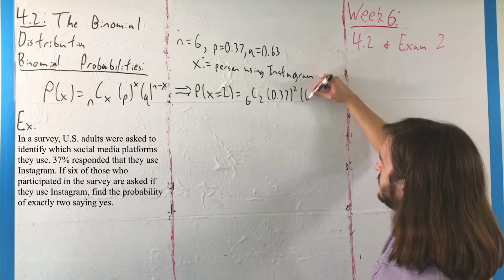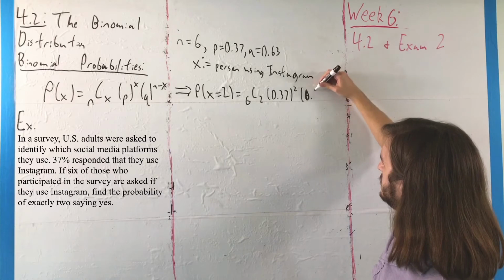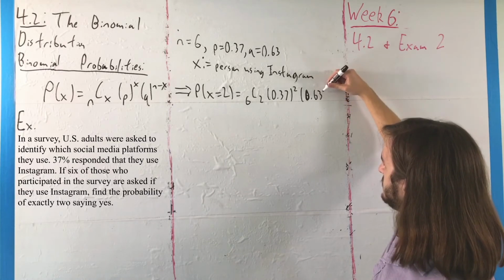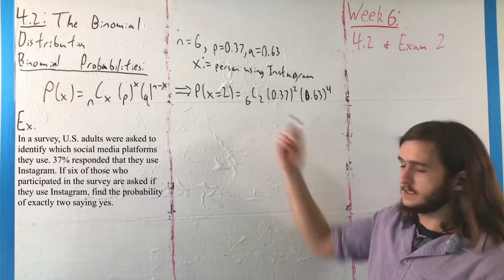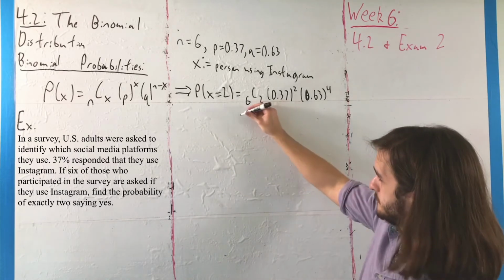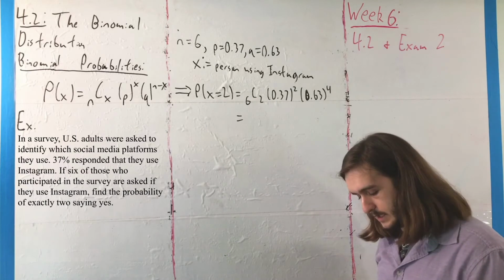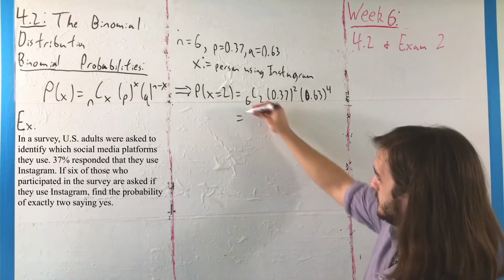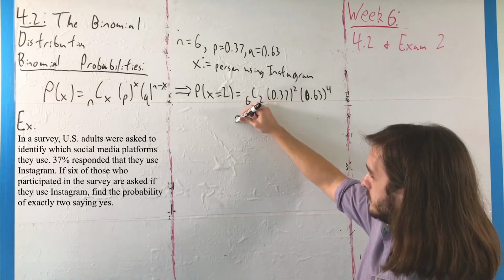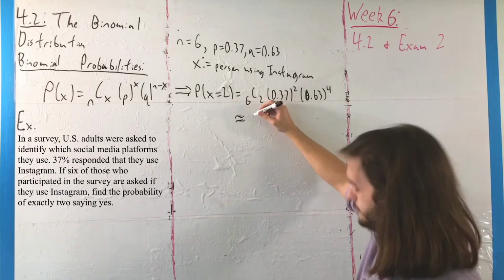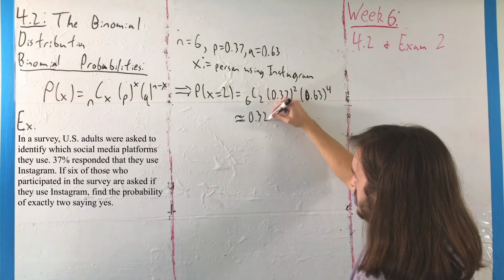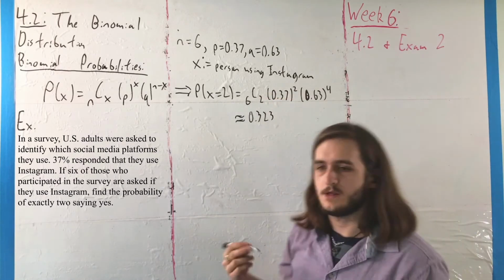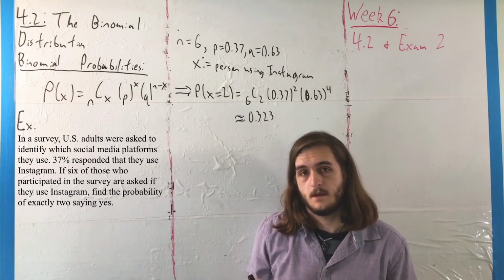And then the remaining 4 all have associated probability 0.63. So take these pieces, multiply them out, and what we get as a result is a probability of, I should say, not equal, approximately 0.323. So about a 32% chance of happening.